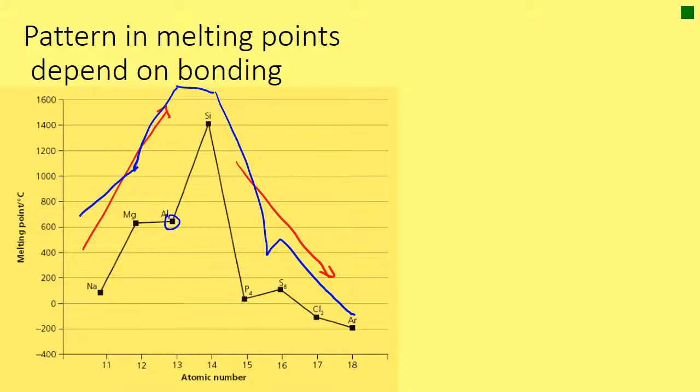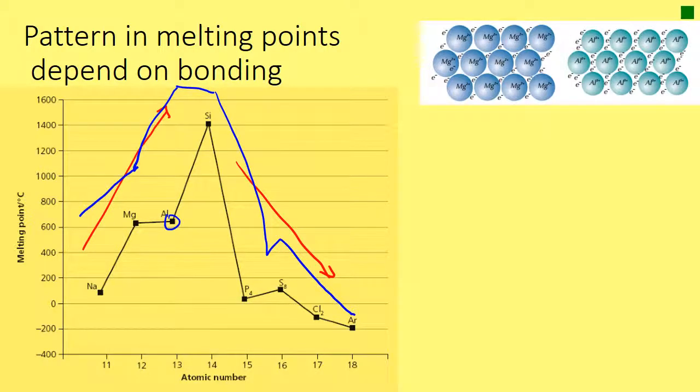But what we want to do is explain first the fact that sodium, magnesium, and aluminium are all metallic. And so the bonding between those is metallic bonds, which are pretty strong bonds. So let's have a little picture of a metallic bond. Here we've got magnesium and aluminium.